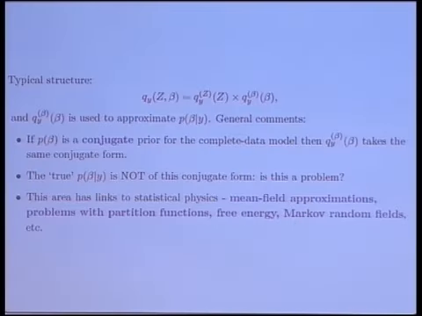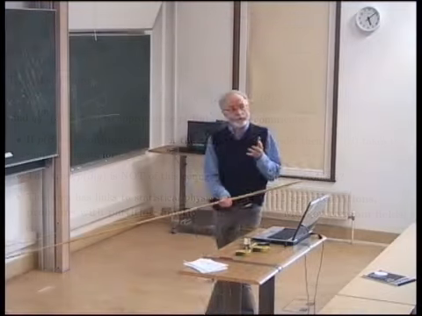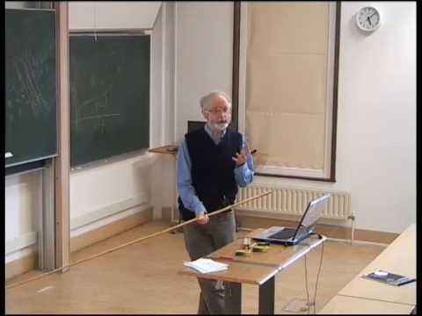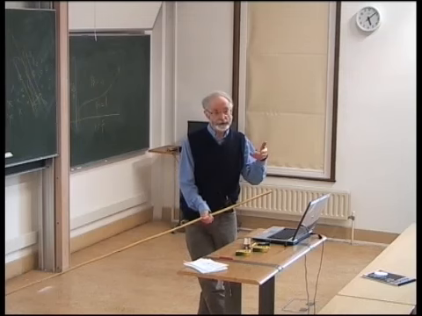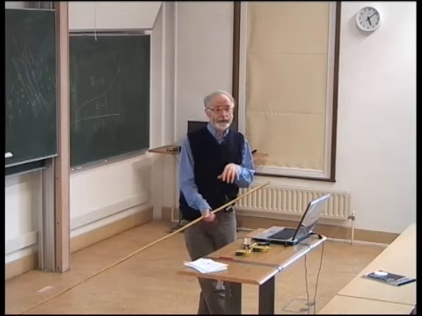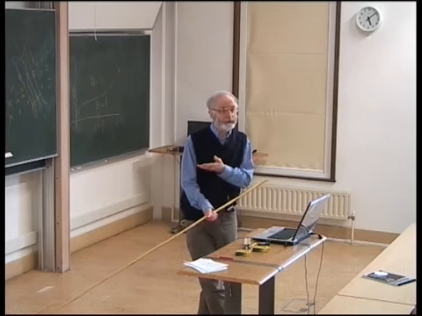In the example of a noisy image, for instance, where the y's are the actual observed image, one for each pixel, and the z's are the true underlying realization, if you assume that that comes from an Ising model, then you're stuck with a partition function all the way.